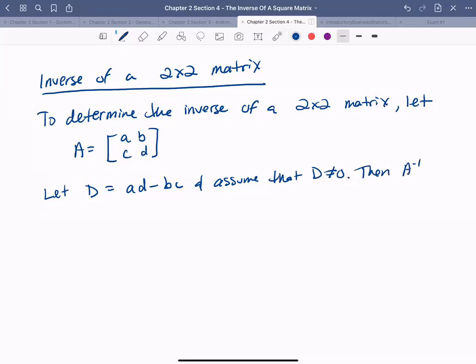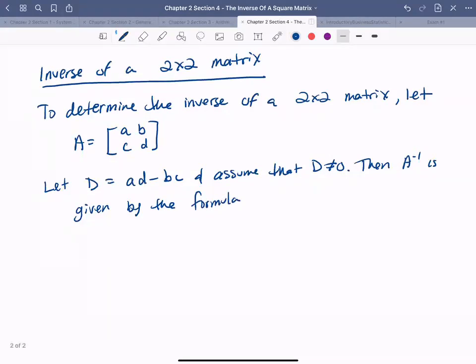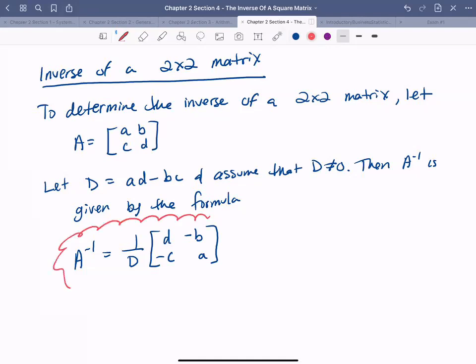Then the inverse of A is given by the formula 1 over D, times D, negative B, negative C, and A. This is how you will find the inverse. But you also have to know that D is this right here.